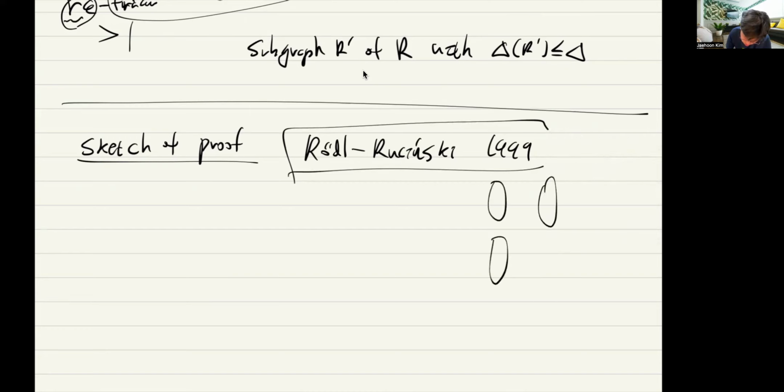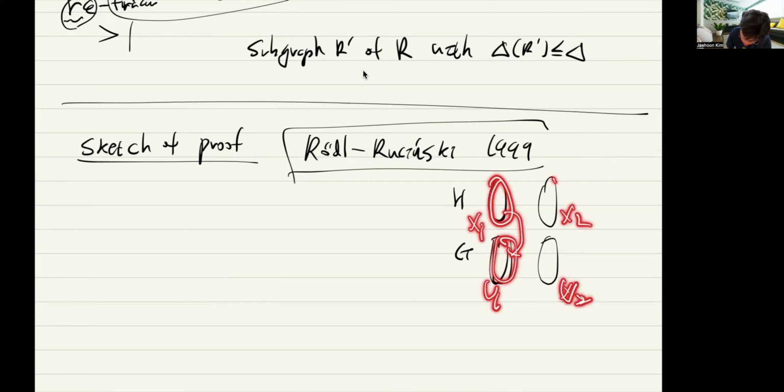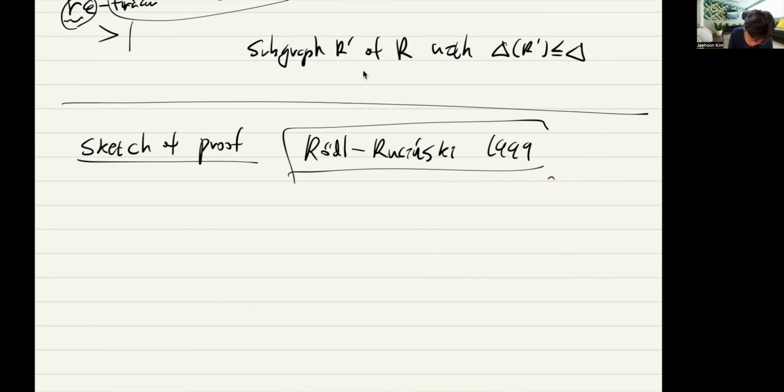In Rödl and Ruciński, they decide in one go how to map this x1 to b1, and then you decide how to map x2 to b2, all together. So we will briefly discuss this Rödl and Ruciński proof.